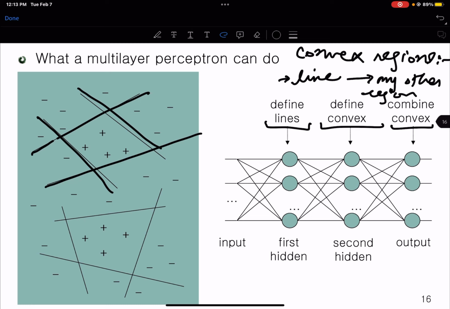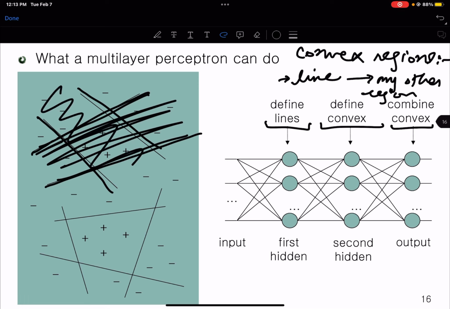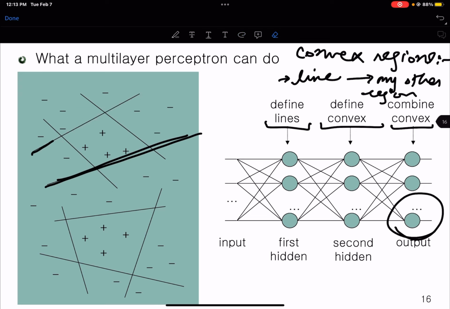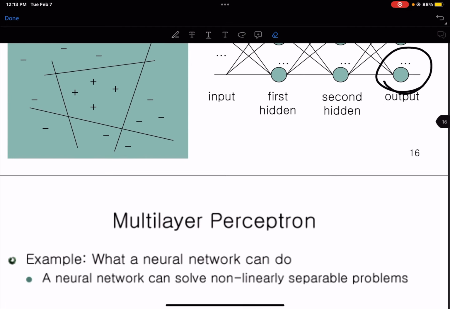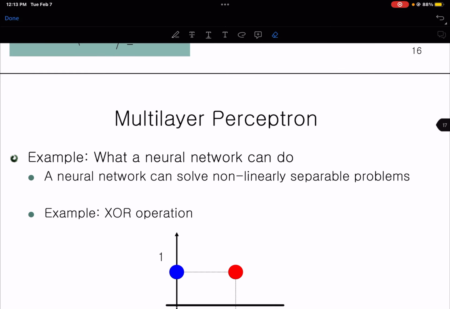So separately we define this region, and separately we define this region, and then in the last layer we combine all of them. So now we have separated our plus and minus values using the multi-layer perceptron. I will go into the detail further as an example.